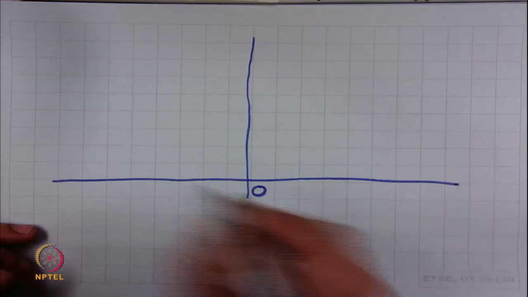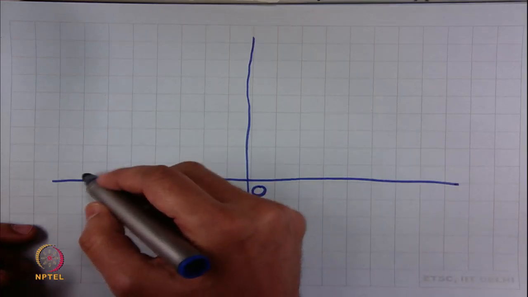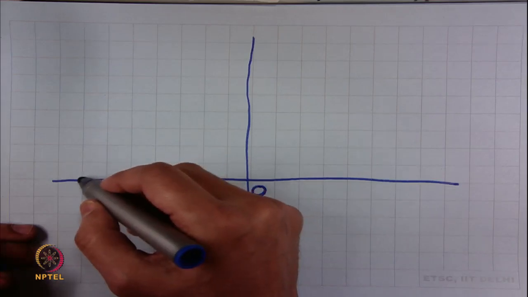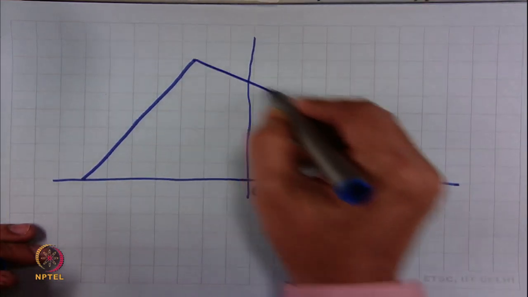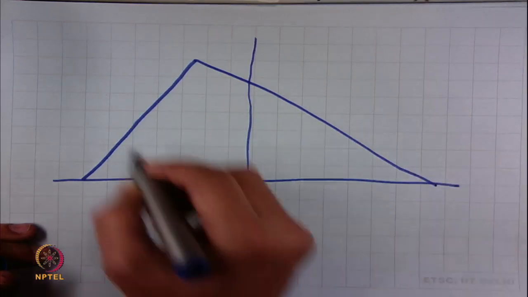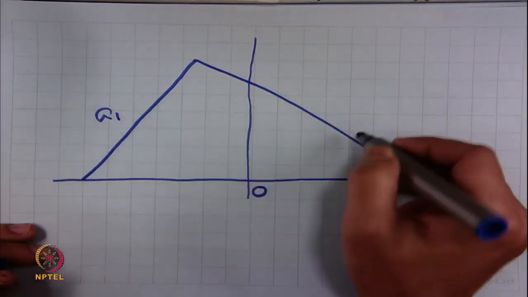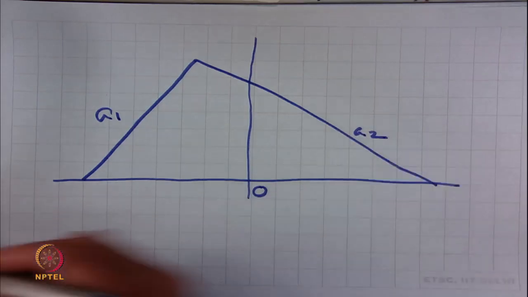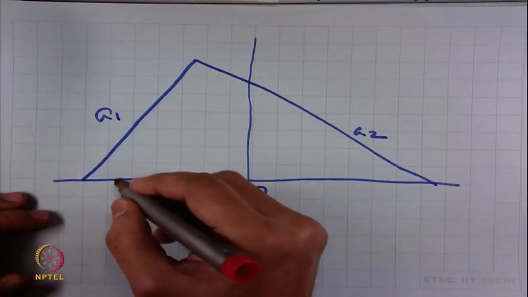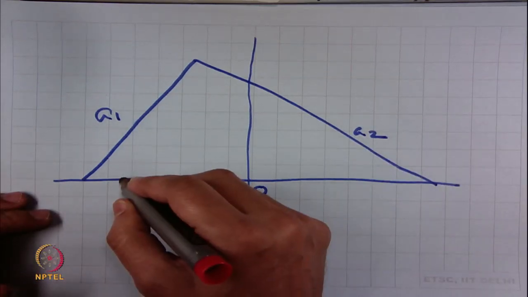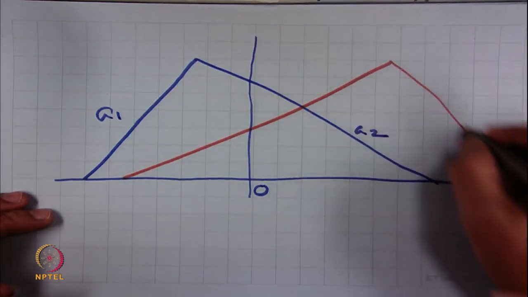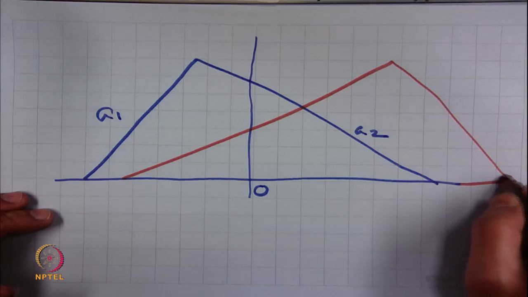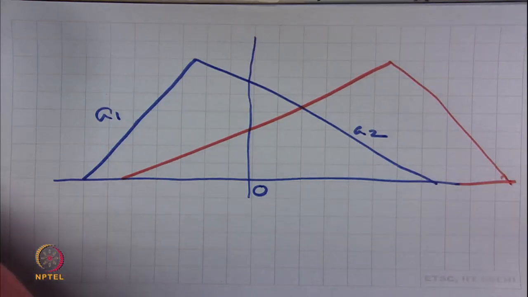Suppose this is 0, this is A1, this is A2, and suppose B1 is so.